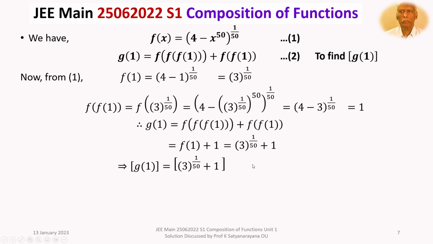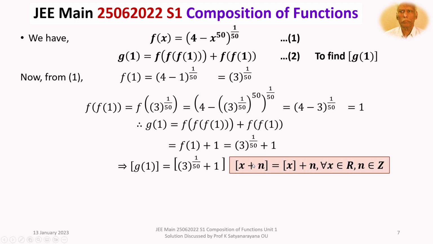How much is that? We recall a result on bracket functions, the greatest integer function. The greatest integer of x plus n is equal to bracket x plus n for all x belongs to R and for all n belongs to Z. Now, in our case, x is 3 power 1 by 50, that is the real number, plus 1, that is the integer.